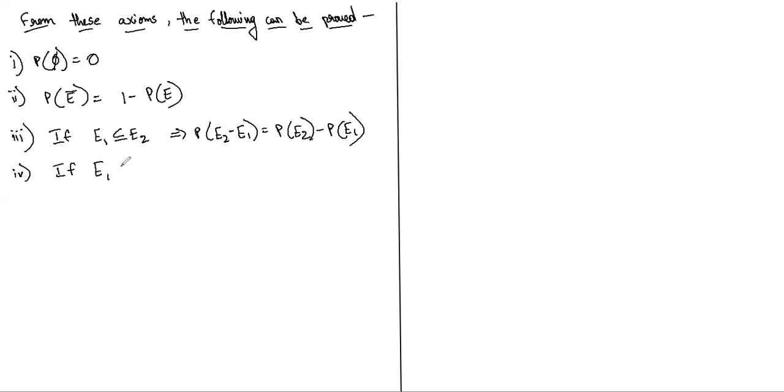If E1 is a subset of E2, that implies probability of E1 will be less than or equal to probability of E2. We can prove this.